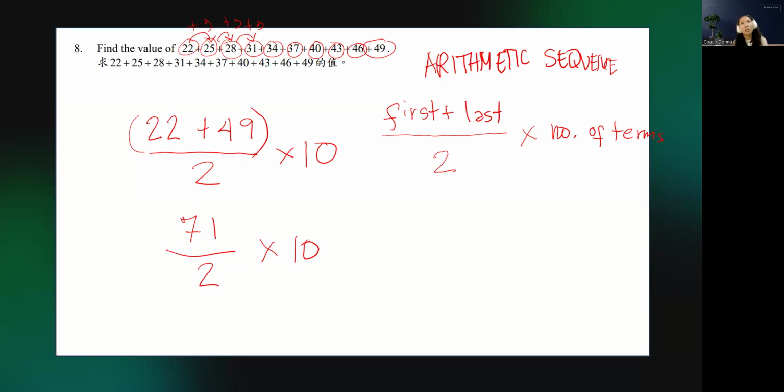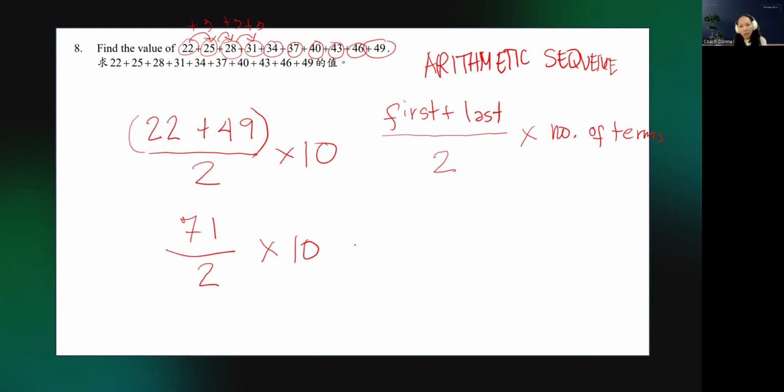Remember, multiplication and division are of equal priority, so we can just multiply first before dividing. In this case, we don't want to divide it first because 71 is not even. We will get a remainder or a decimal number or a fraction.